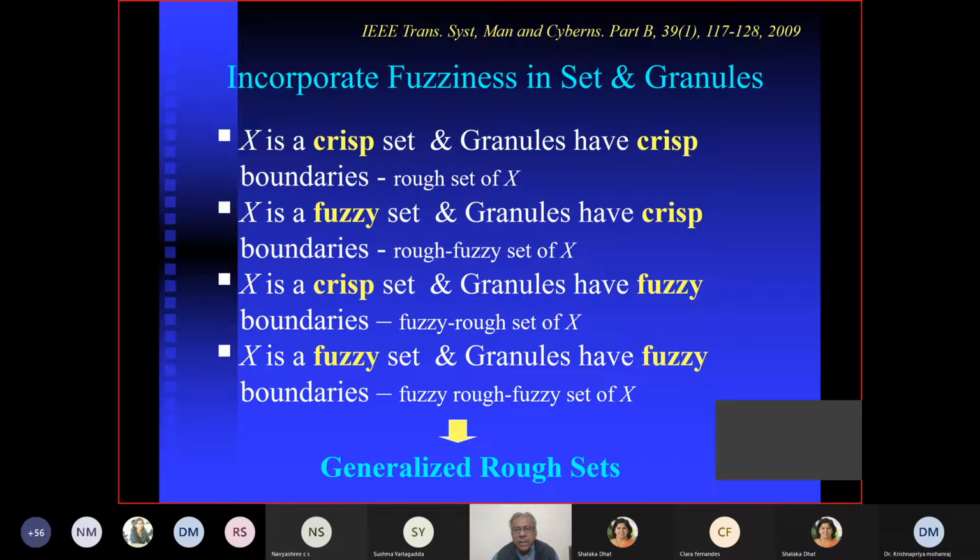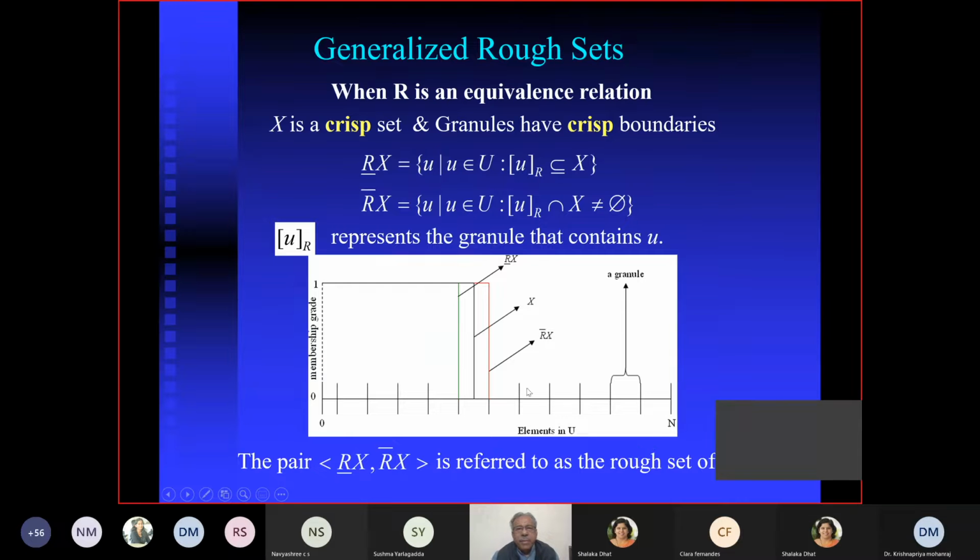Now let me explain the characteristic of this set in terms of lower and upper approximation. Note it very carefully. Let's consider an equivalence relation. So the set X is crisp, granules have crisp boundaries. This is a simple example in one-dimensional representation.